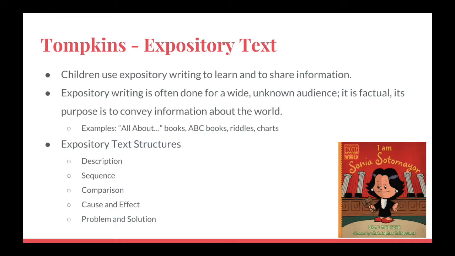Some examples of expository writing include all about books, ABC books, riddles, and charts. Different types of expository text structures are description, sequence, comparison, cause and effect, and problem and solution.